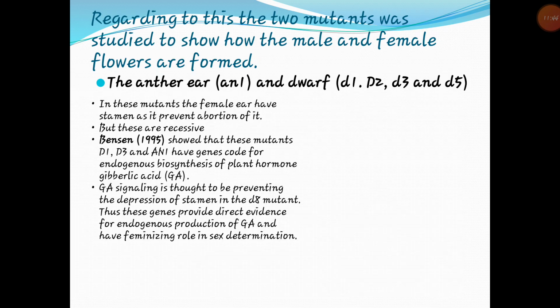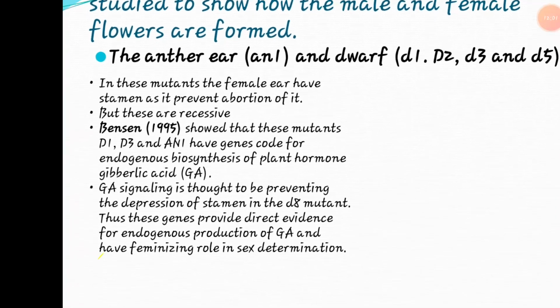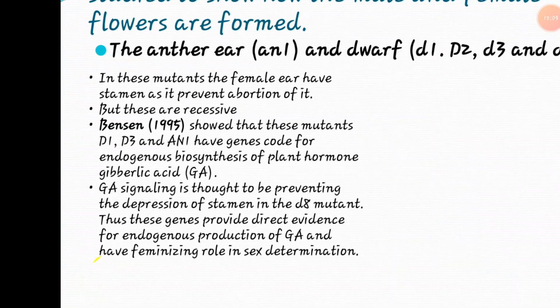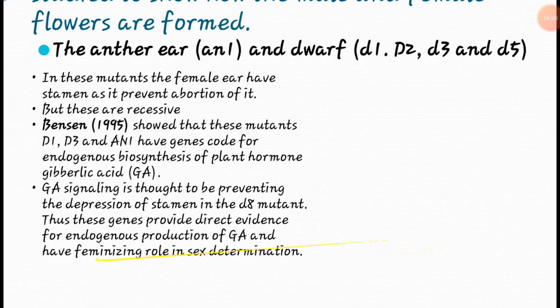Regarding this, two mutants were studied to show how the male and female flowers are formed. In the anther ear 1 and dwarf mutants D1, D2, D3, D5, the female ear has stamens as abortion is prevented, but these are recessive.